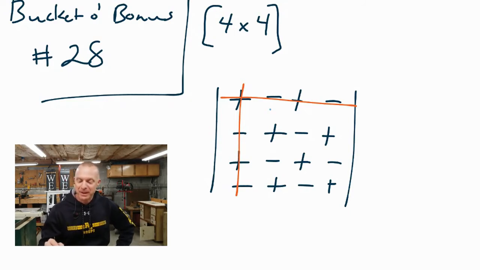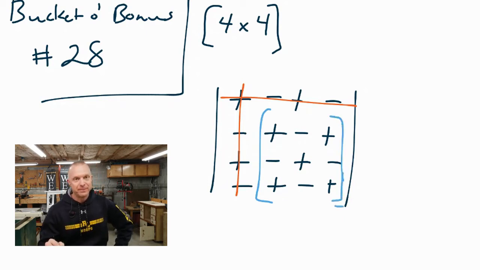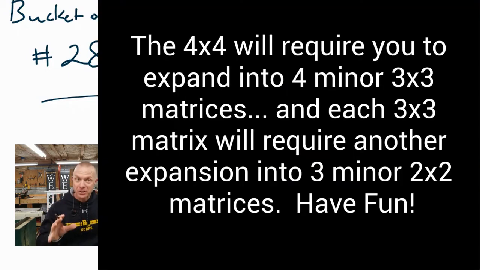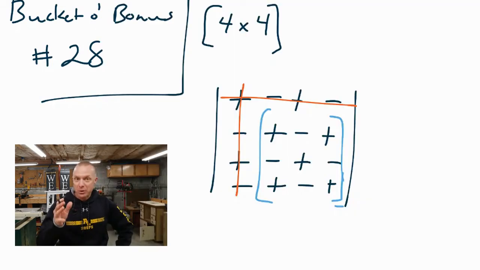So the problem becomes a challenge as to how well you can organize each of these rows and columns, the coefficients that go with them, and the resulting minor matrices. All right, that's why we call it a bucket O bonus. Now, you have to show the work.